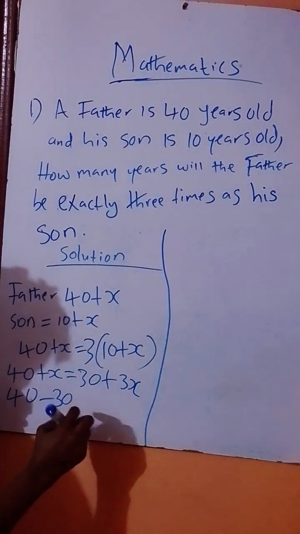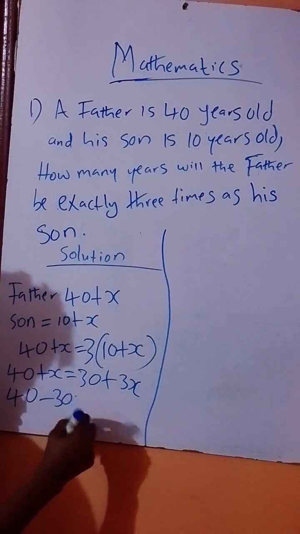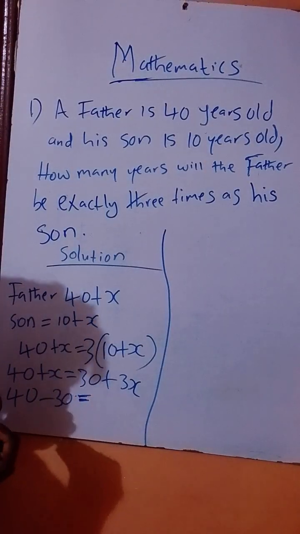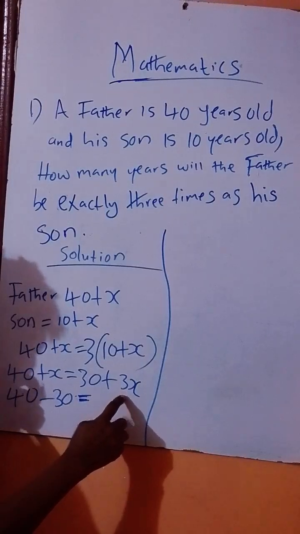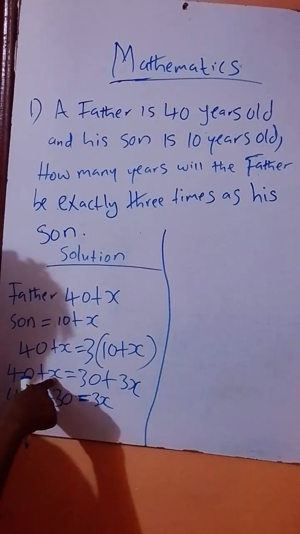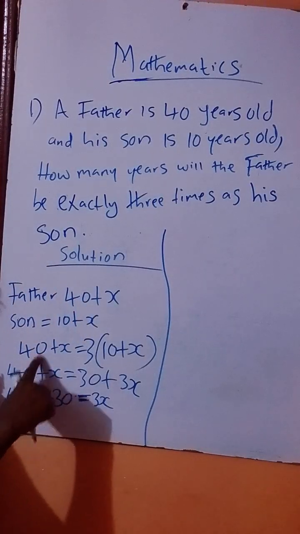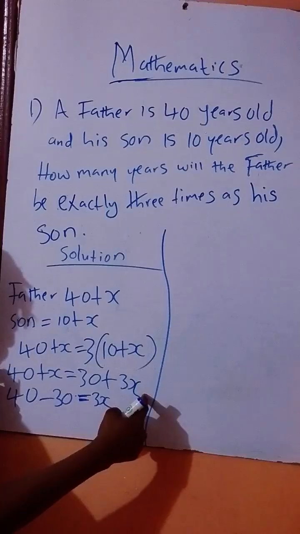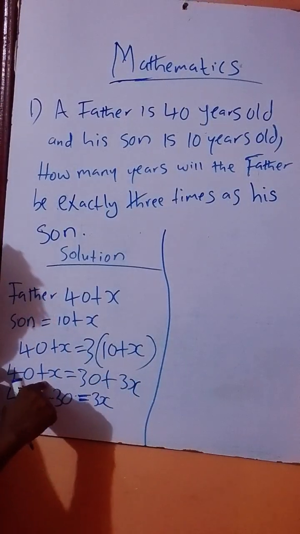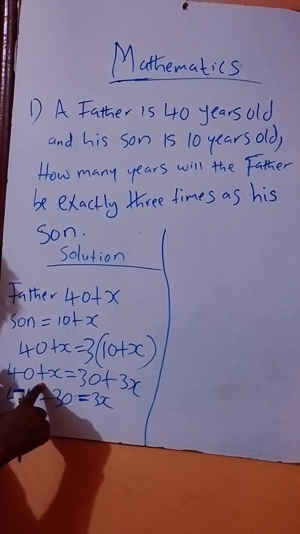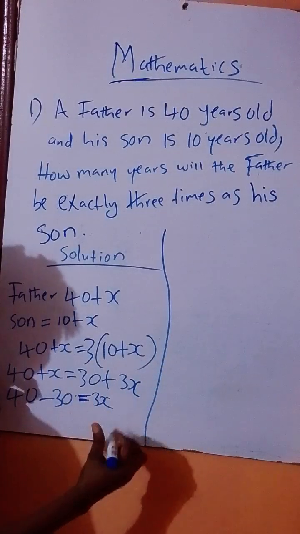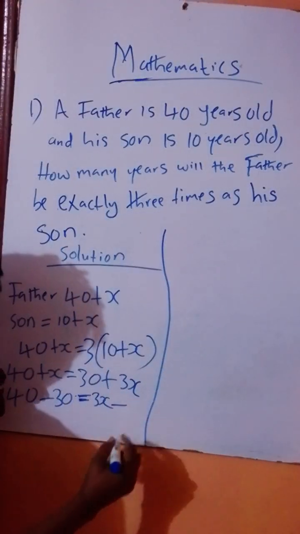Then equals to, bring down your 3S. This S carrying plus, when it moves to this place, changes to minus S.